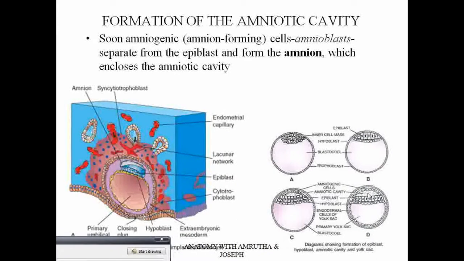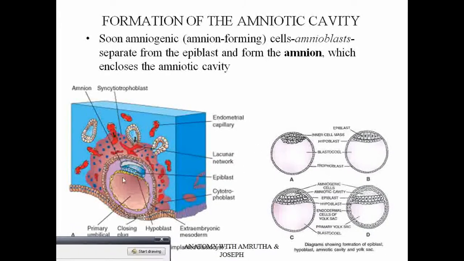Again, this diagram shows that the cells from the epiblast form the amniogenic layer, forming the amniotic cavity. The amniotic cavity will enlarge.